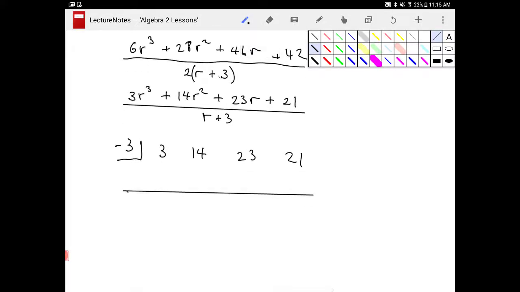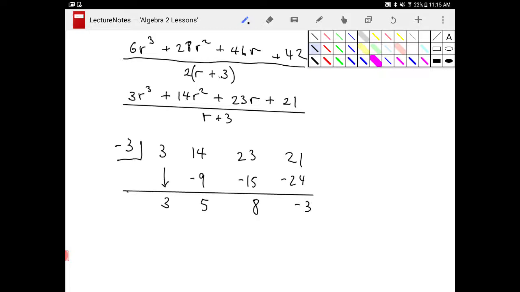So I bring down the 3. Negative 3 times 3 is negative 9. 14 plus negative 9 is 5. Negative 3 times 5 is negative 15. 23 plus negative 15 is positive 8. Negative 3 times 8 is negative 24. Add, you get negative 3.